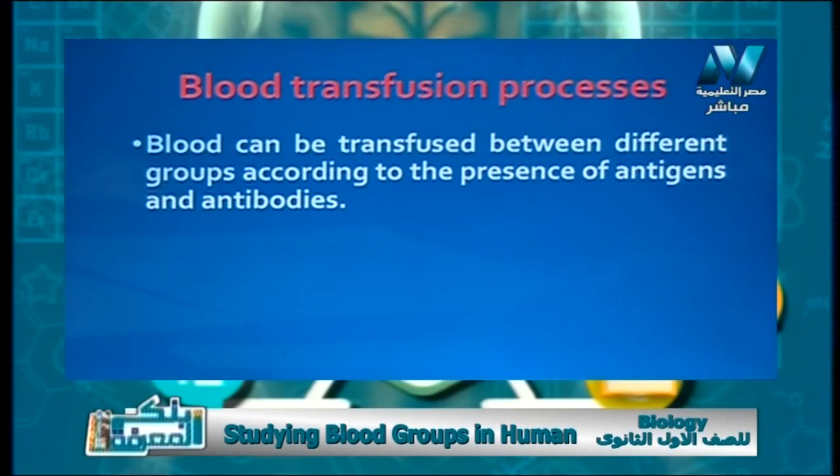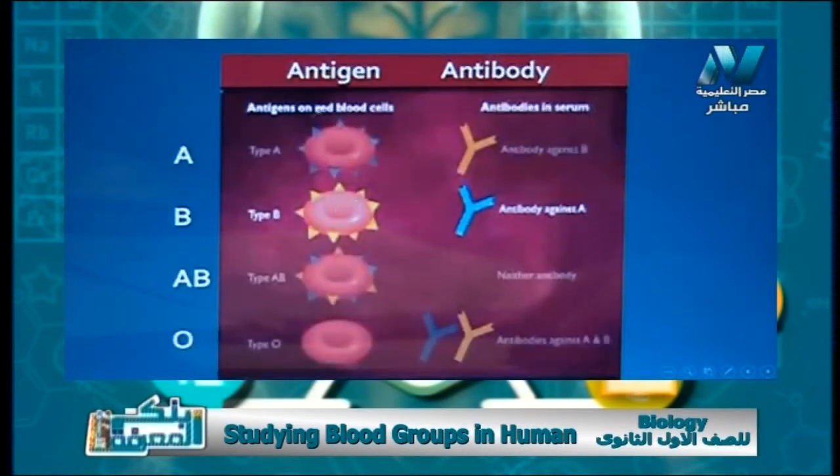Blood can be transfused between different groups according to the presence of antigens and antibodies. And this point is not new. We explained it before. As you see in the picture, these are the blood groups with antigens.